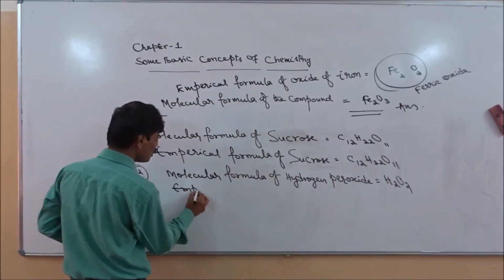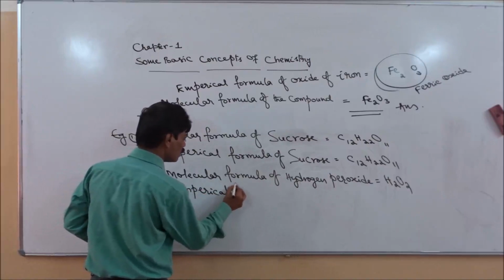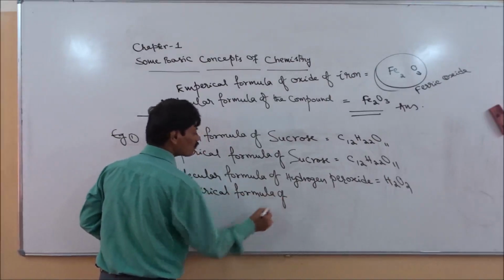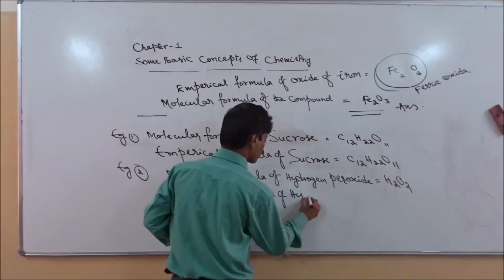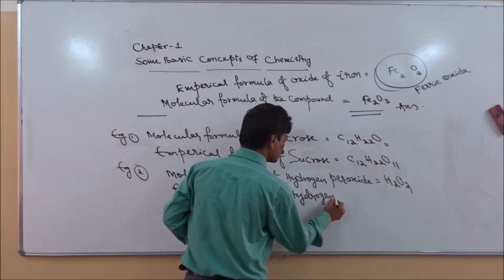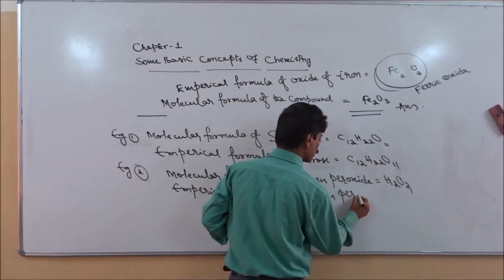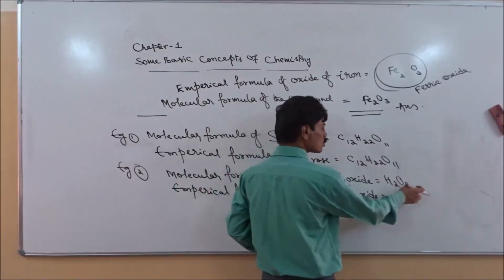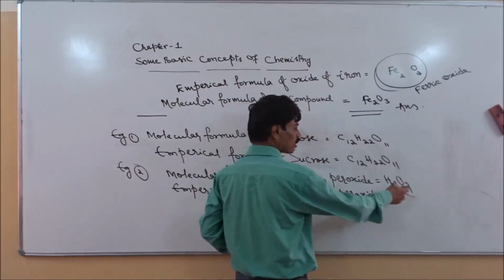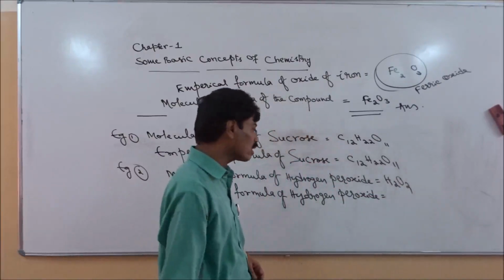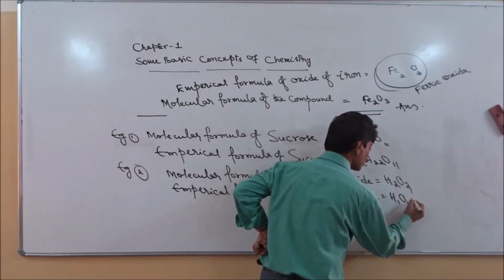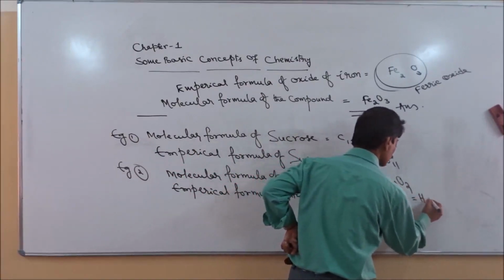So the empirical formula of hydrogen peroxide. This ratio 2 is to 2 is decreased to 1 is to 1. So accordingly, we can write H1O1 or HO.